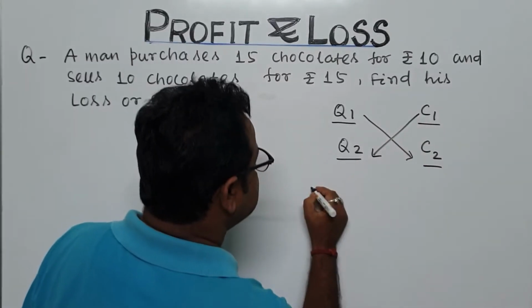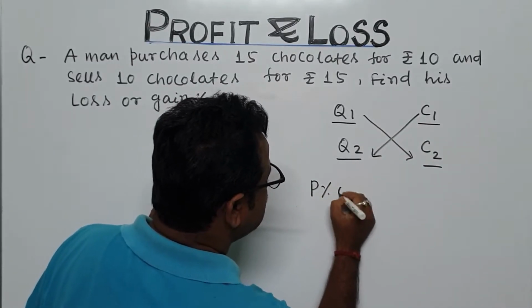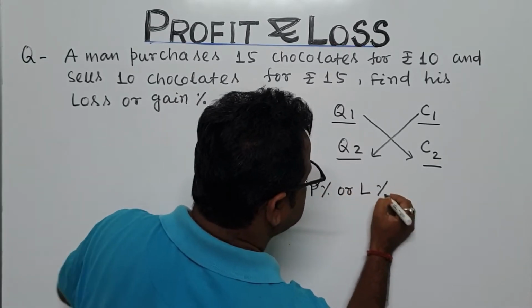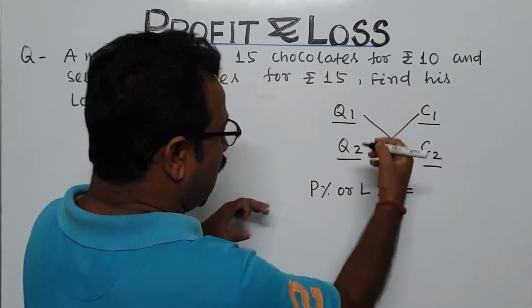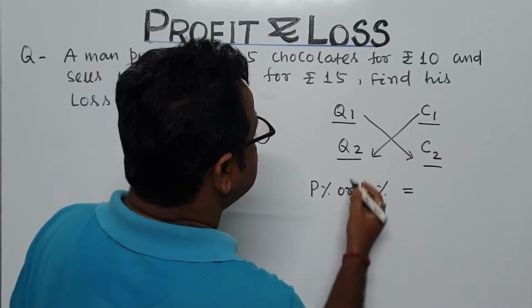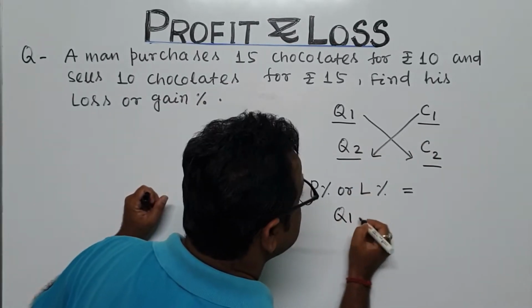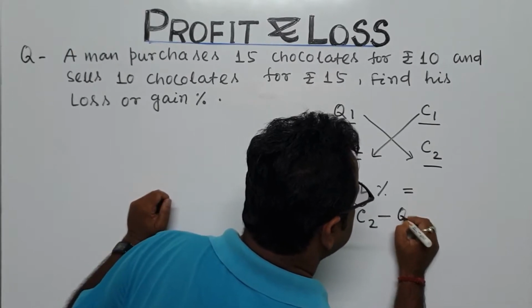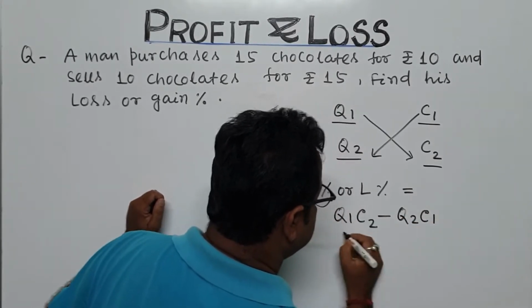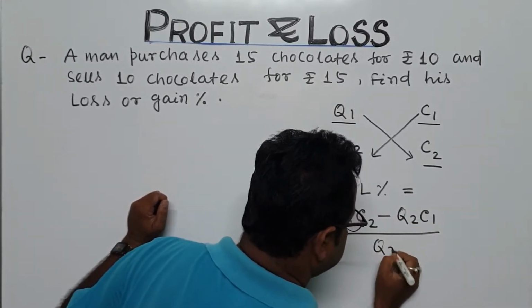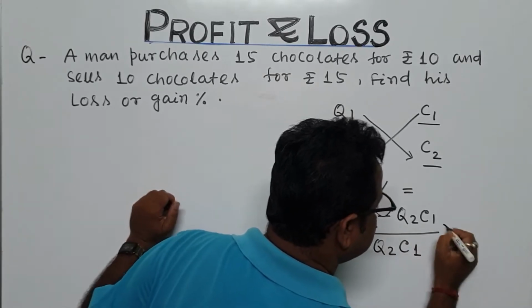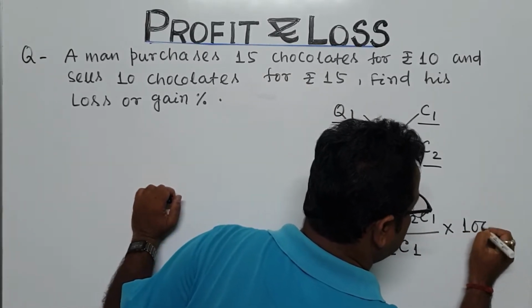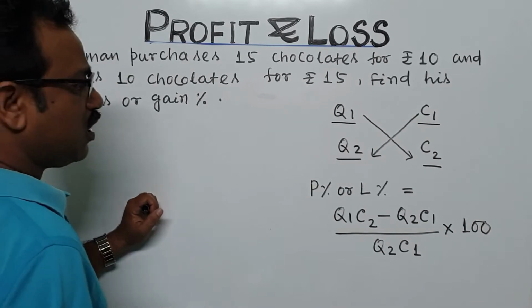Profit percent or loss percent is equal to (Q1 C2 minus Q2 C1) by Q2 C1 into 100.